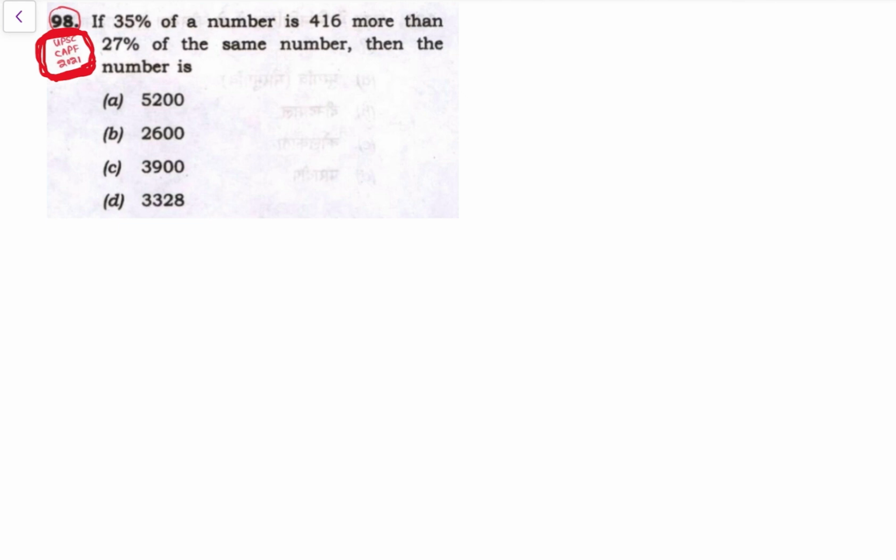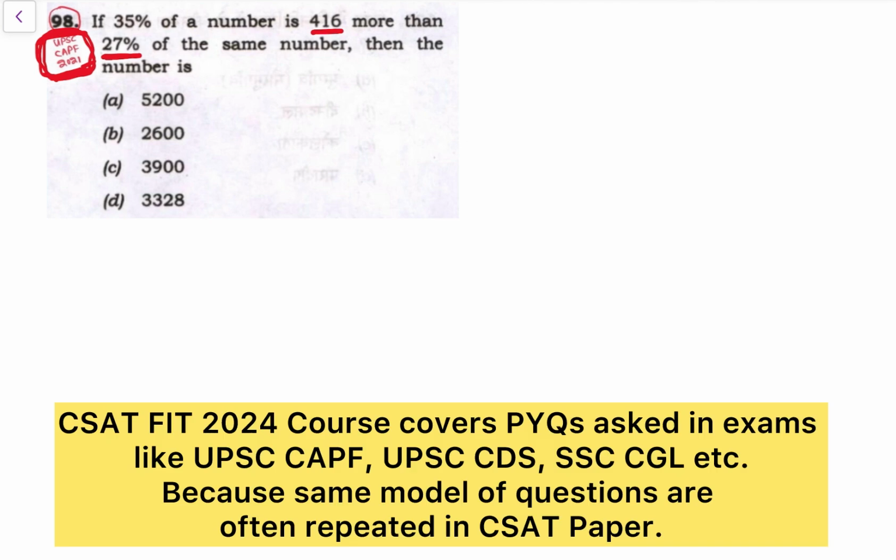The question is: if 35% of a number is 416 more than 27% of the same number, then the number is?